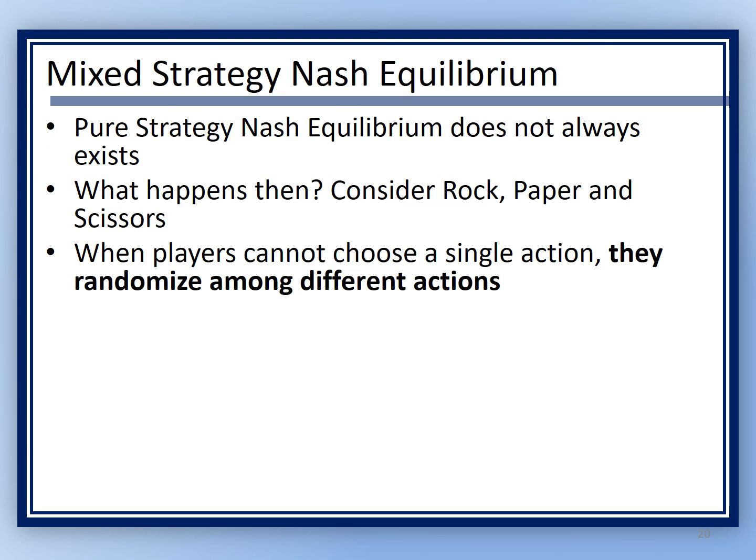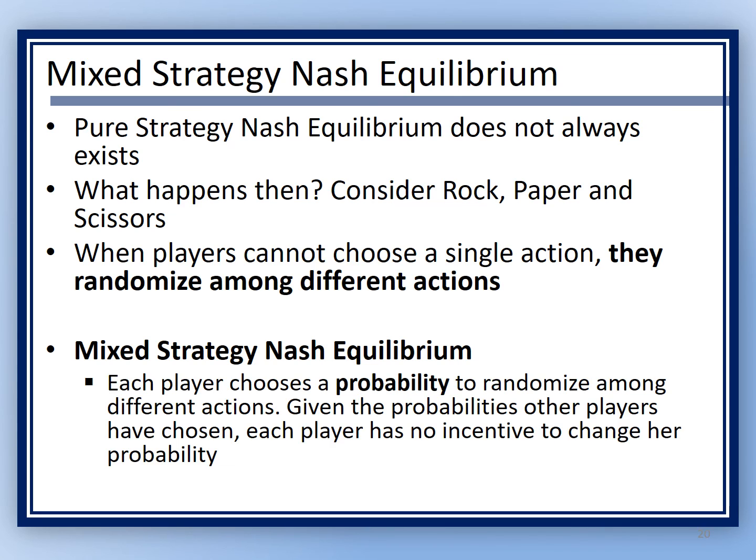So this concept carries through here. When players cannot choose a single action, they randomize among different actions. That's called a mixed strategy Nash equilibrium. Each player chooses a probability to randomize among different actions; given the probabilities the other players have chosen, each player has no incentive to change her probability. Notice that the wording is very similar. We have altered this concept of stability.